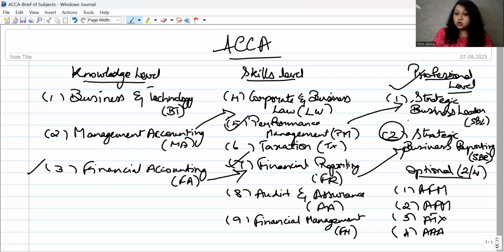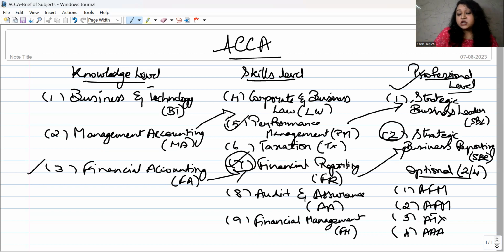Now, if in your knowledge level you had chosen FA as your last paper, third paper, for example, from this June to August, then in September you can opt for financial reporting, that is your seventh paper. This would be helpful because you're carrying forward the knowledge of FA. Now you will have a good base of FA, financial accounting, and then if you start with your IFRS standards now, you will be able to grasp the knowledge of IFRS very well so that you can clear it immediately.